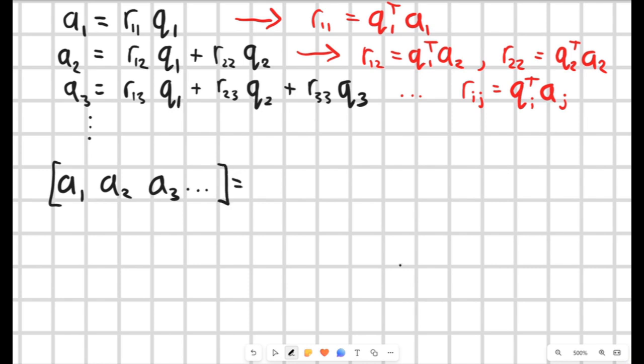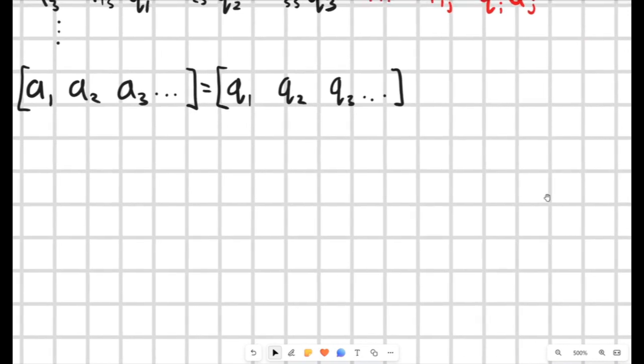And it's going to be equal to a new matrix made from our Q's, our orthonormal vectors: the first column is Q1, the second column is Q2, the third column is Q3, and so on. And then I'm going to have some other matrix here on the right hand side, which we'll have to define.